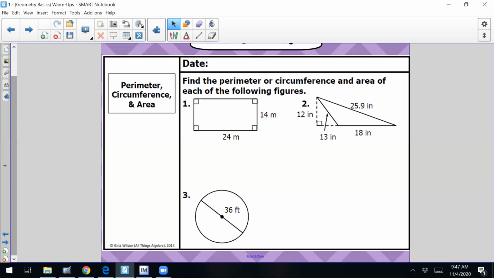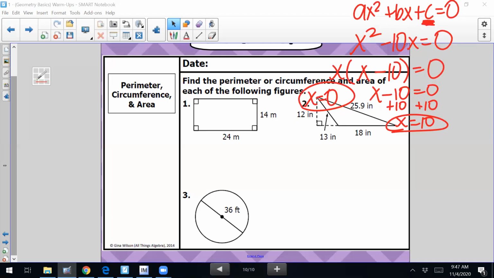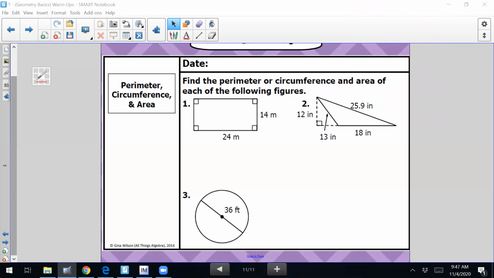All right, so let's check this one. This is about the perimeter, circumference, and area. It says find the perimeter or circumference and area of each of the following figures. How do we find the perimeter of a rectangle? Add all the sides.